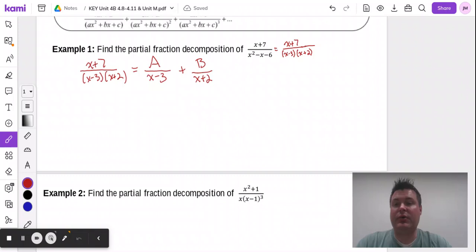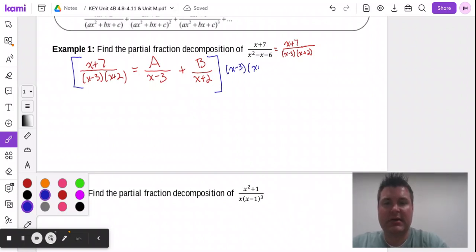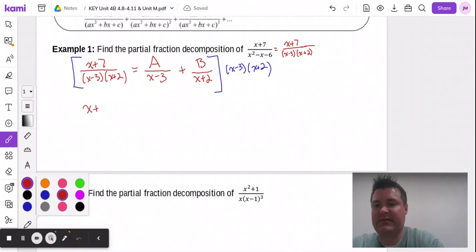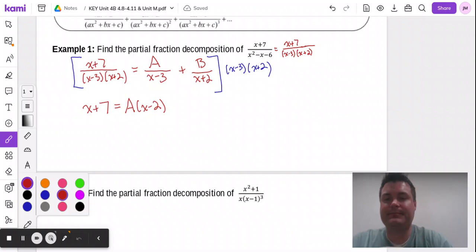So we're going to get rid of all of the denominators by multiplying everything by x minus 3, x plus 2. On the left-hand side, the denominator cancels out, and you're left with just x plus 7 equals, for the A fraction, the x minus 3 cancels out, so we're left with A times x plus 2.